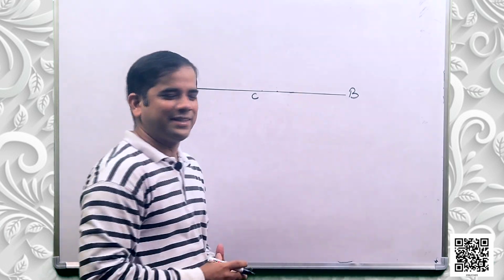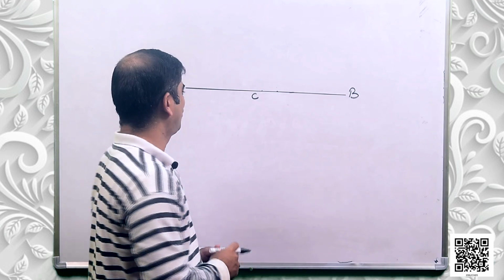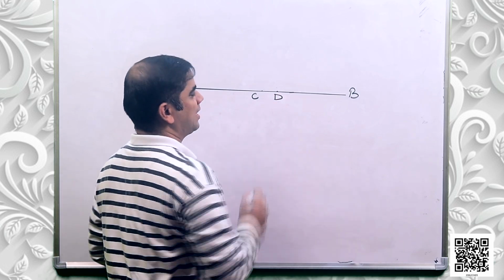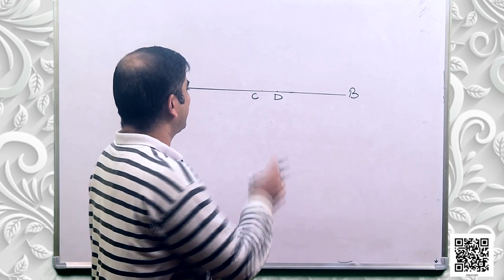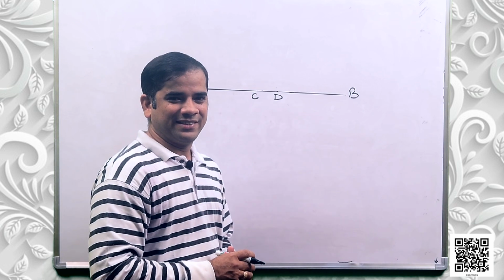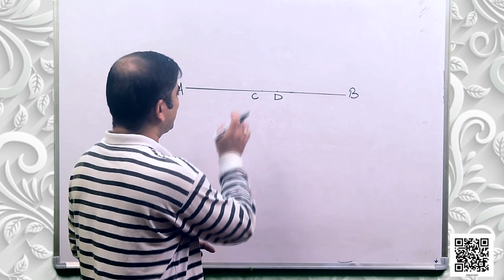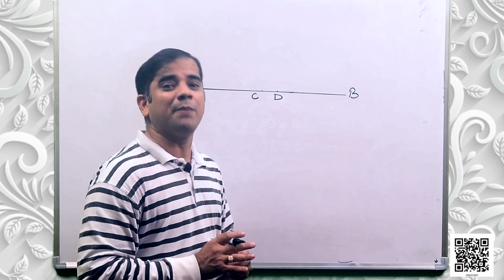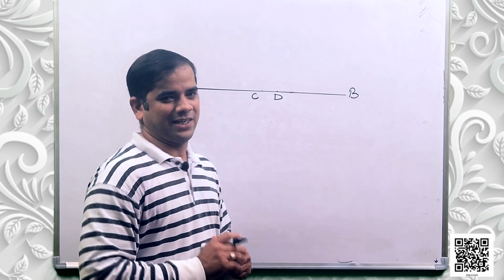That means AC is equal to BC. Let us assume another point D, and we need to prove that C and D coincide. That means there is only one midpoint in a line segment.